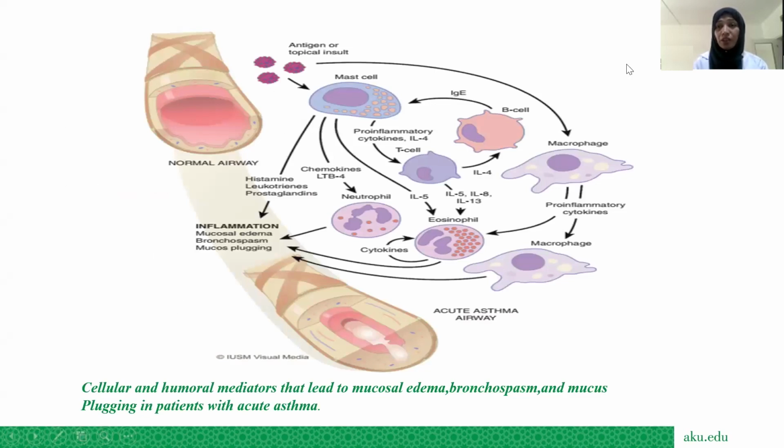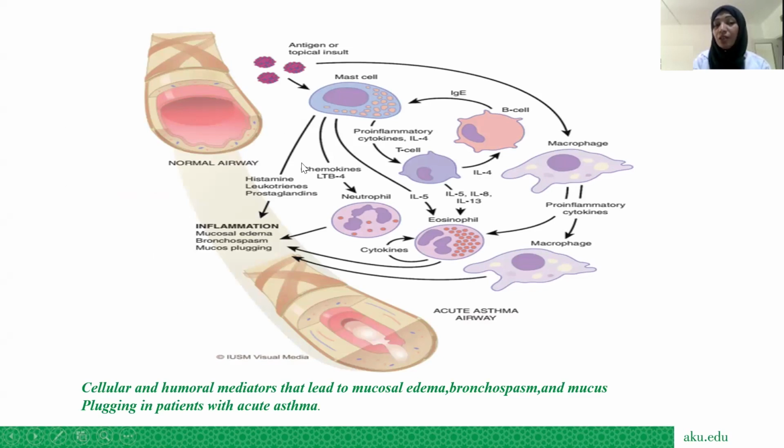Coming to the pathophysiology, this slide is really important because only if we have knowledge of the pathophysiology of asthma can we do proper management. In this picture, the upper part is the normal airway. Look at the regular margins and the normal contour of the airway. What happens when there is an antigenic or atopic insult? There will be mast cell stimulation.